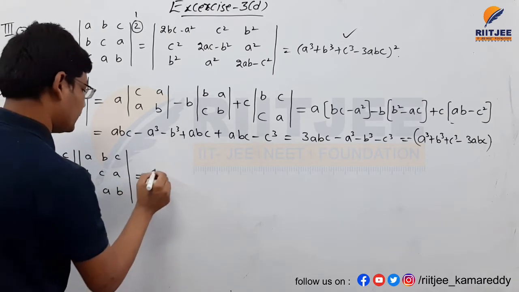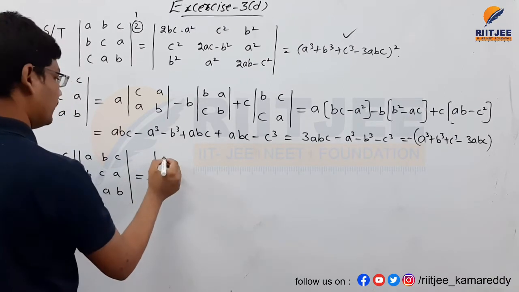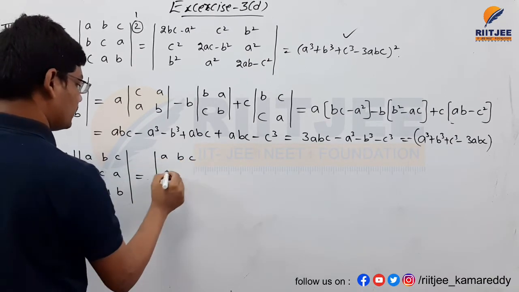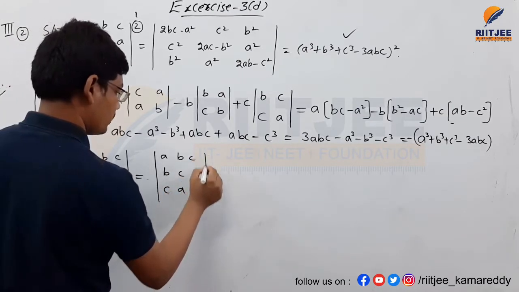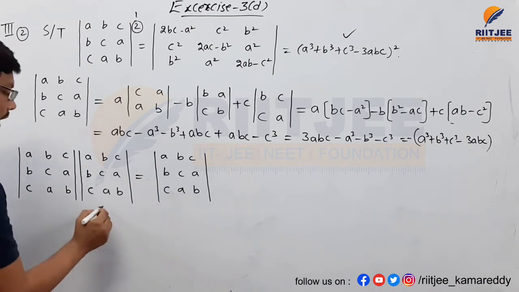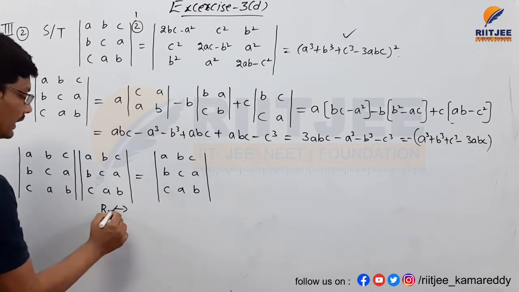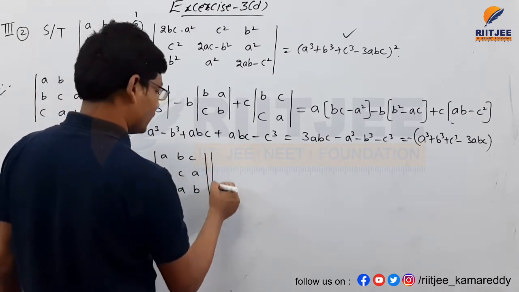So I am changing this determinant in different ways. Observe carefully: A B C, B C A, C A B. Here I am interchanging R2 and R3 for determinant 2.